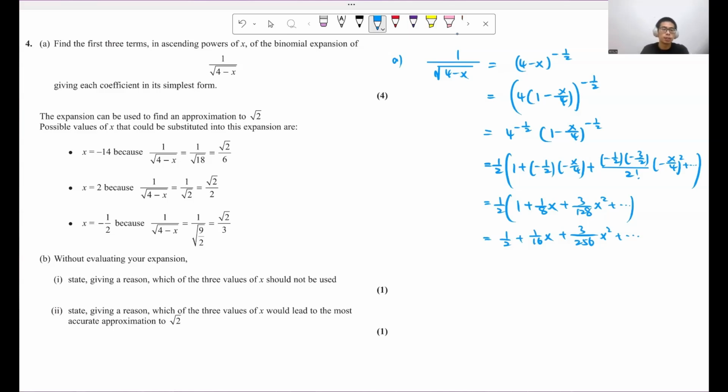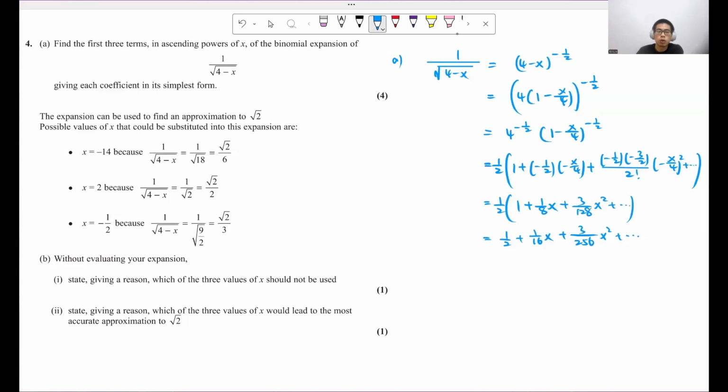And then part B. The expansion can be used to find an approximation to root 2. Possible values of x that could be substituted into this expansion are x equal to -14, x equal to 2, and x equal to -1/2. Without evaluating your expansion, state, giving a reason, which of these three values of x should not be used.